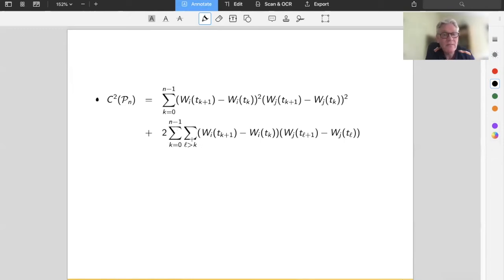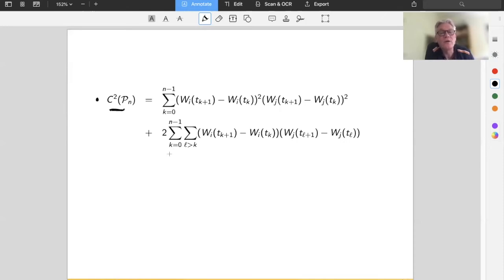It's a double sum, the sum over l greater than k of Wi(tk+1) minus Wi(tk) times Wj(tl+1) minus Wj(tl). So we have written out the expression C squared this way, and now we need to take expectations.